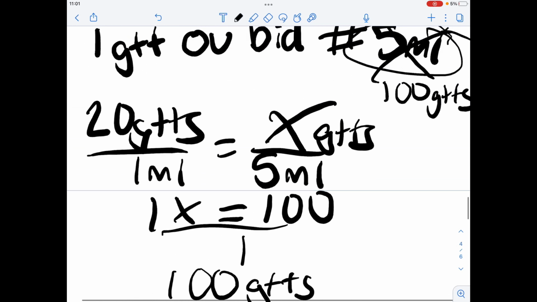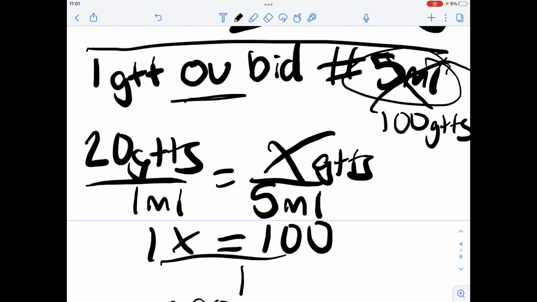For this problem, because we're doing both eyes, our dose is a little different. We have 1 drop for both eyes, so we have 2 eyes, so 1 drop for both eyes twice a day.